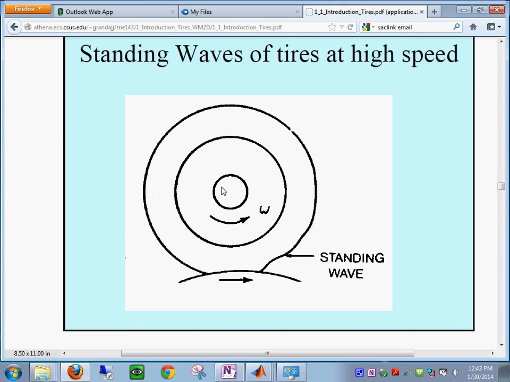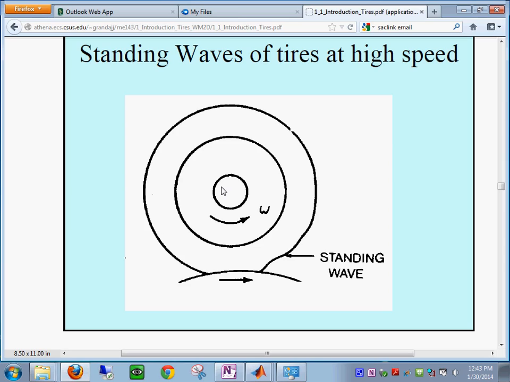Now here's what I was trying to say, that since the tires behave differently on different surfaces, even on a smooth surface, the tire is going to deform. It's not going to be totally round.